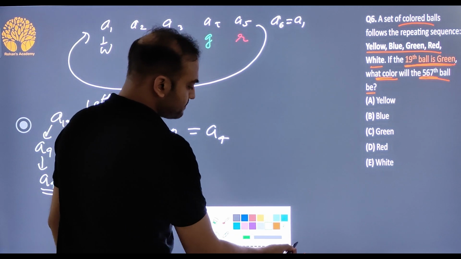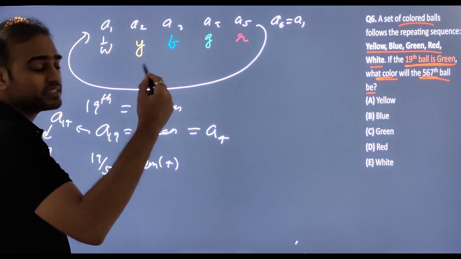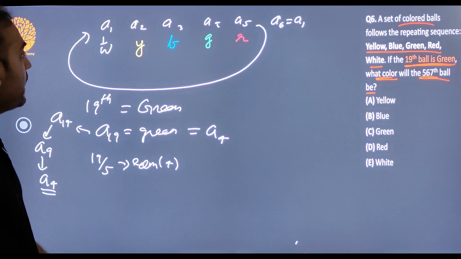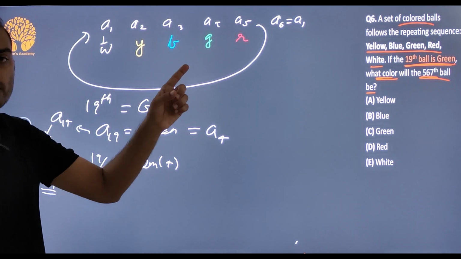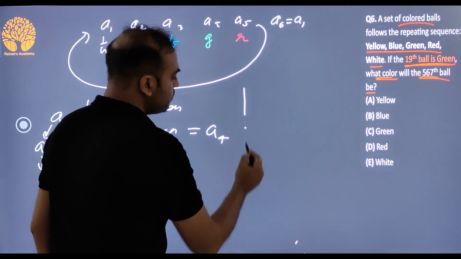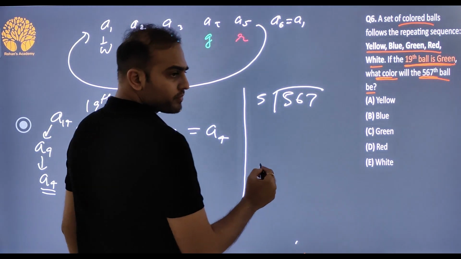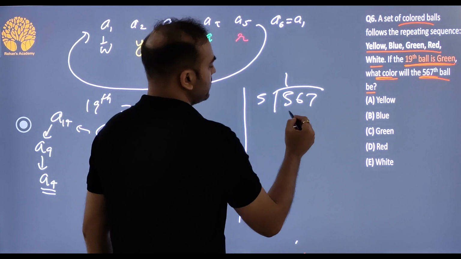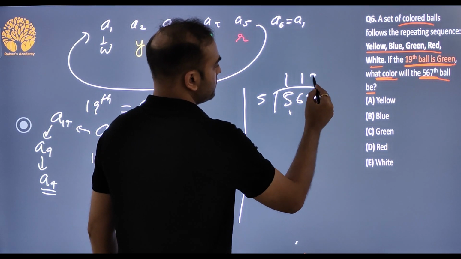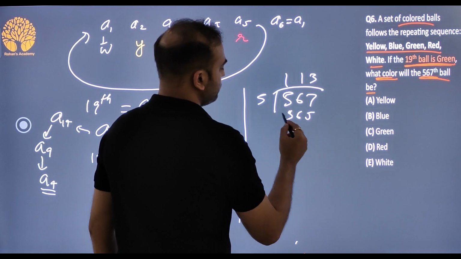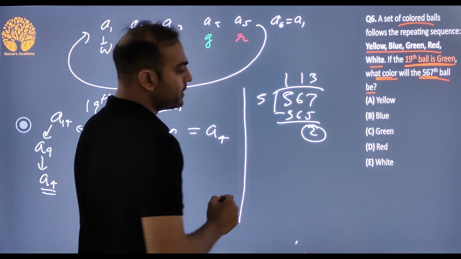Now the question is, what is the 567th ball? Again, I know after every 5 values they repeat. So I simply divide 567 by 5. I get 113, that's 565, and 2 as my remainder.